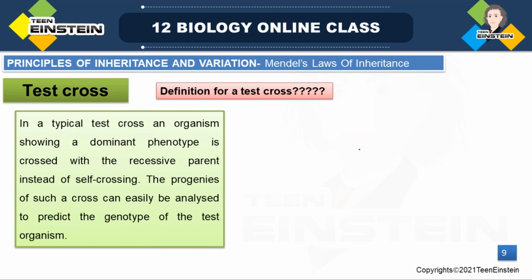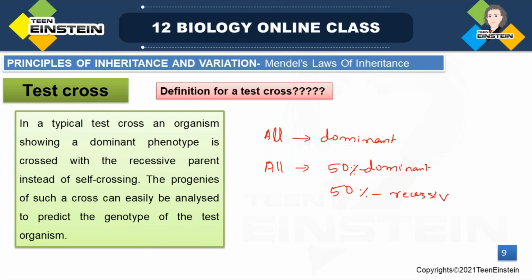If the genotype is homozygous dominant, how will the offspring be? All the offspring will show the dominant character. If the tested organism is heterozygous, 50% will be dominant and another 50% with recessive character.